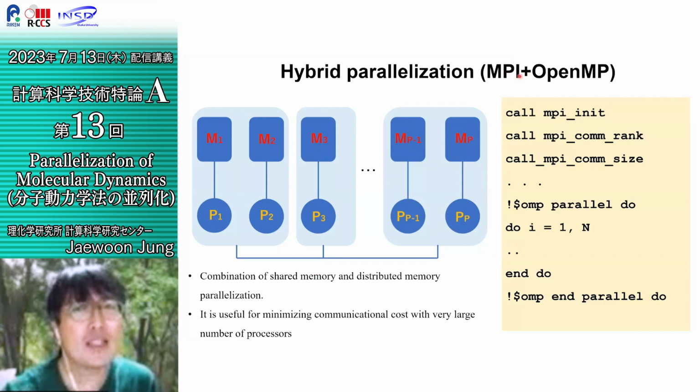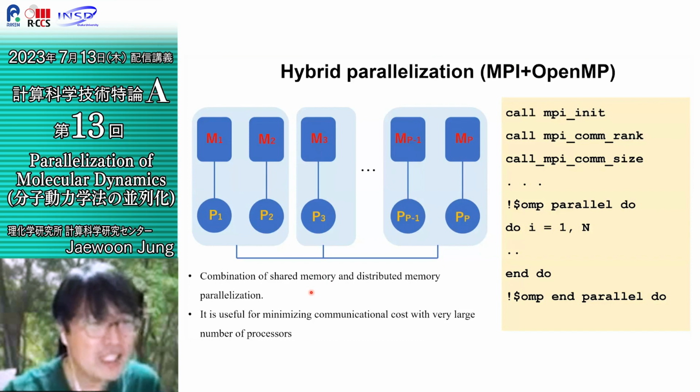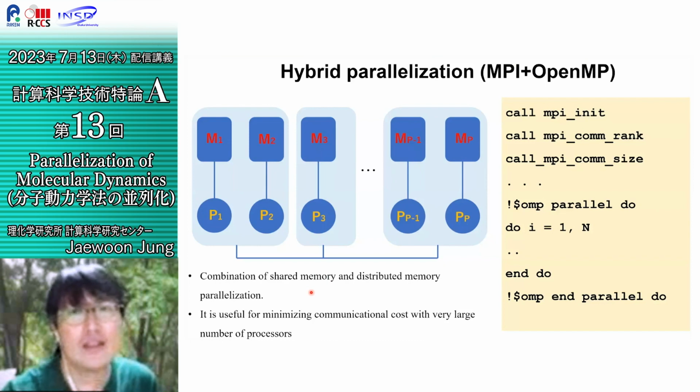By combining these two things, we can obtain the best parallel performance. If you consider a very small number of processors, then I think you don't need this hybrid parallelization. But if you consider a very large number of processors, then it will be better to consider this hybrid parallelization.